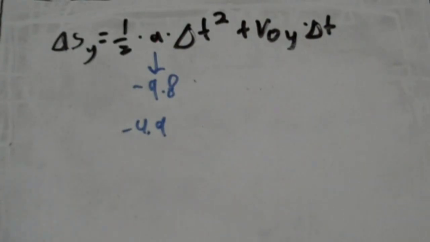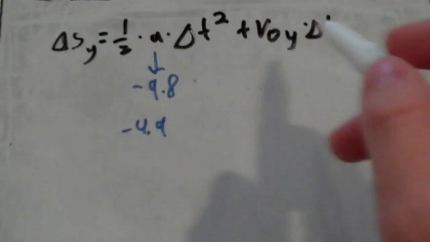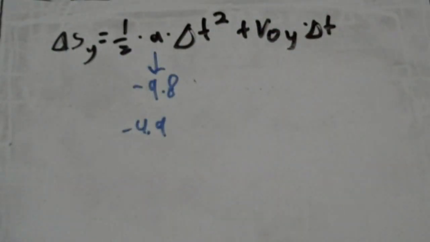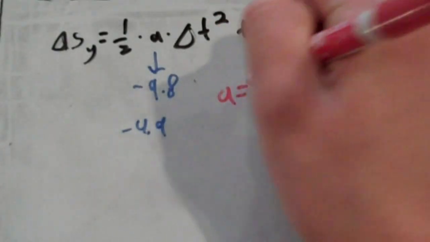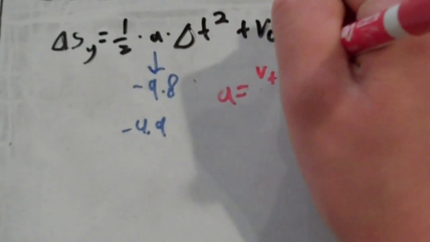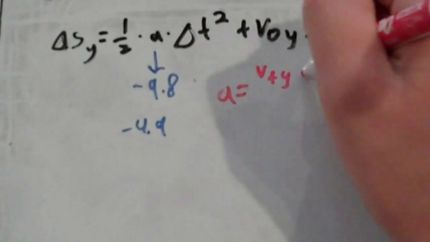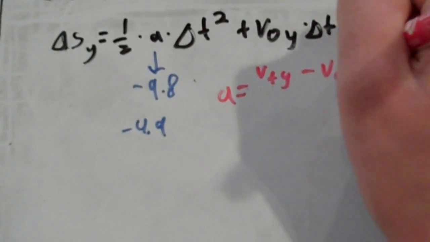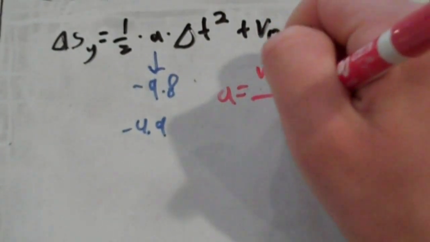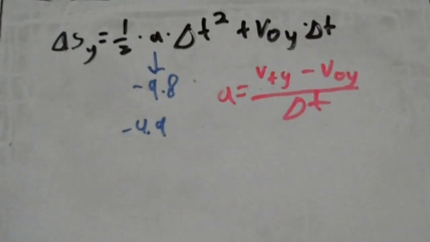Now, this whole long equation is essentially derived from two other equations, which are the acceleration equals the final velocity minus the initial velocity all over the change in time.